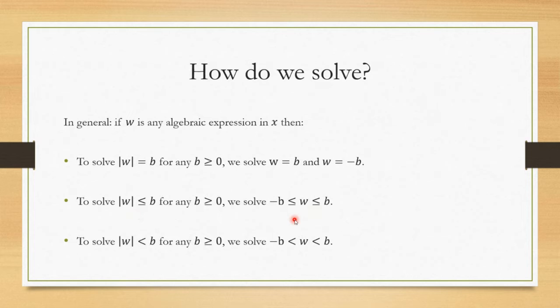So to solve this inequality, we solve this inequality here. And likewise for this one, we solve this compound inequality. So what I did before illustrates the idea as to why we do this. Why we solve this equation this way, by solving these two. Why do we solve this inequality by solving this compound inequality? And same thing here.